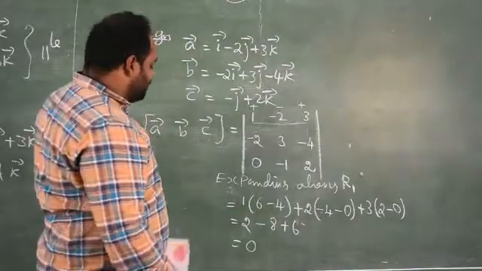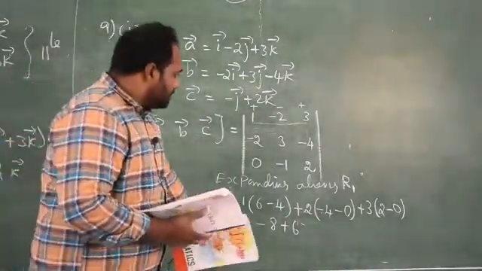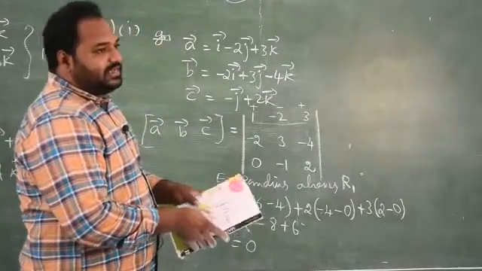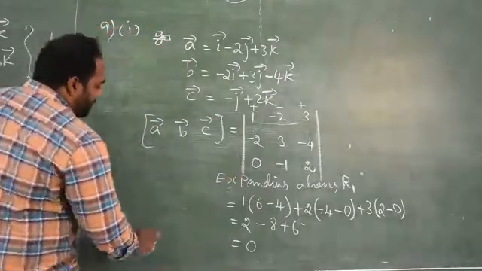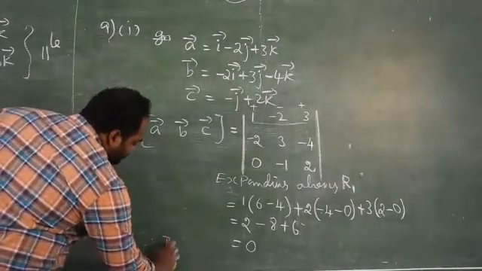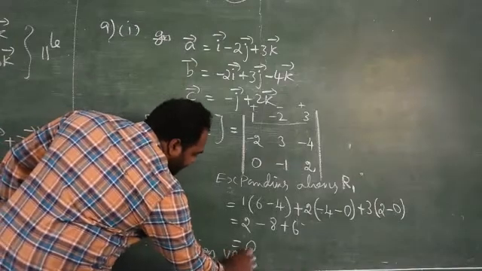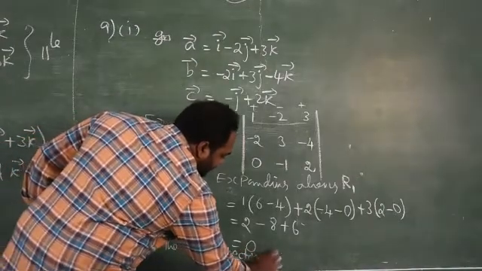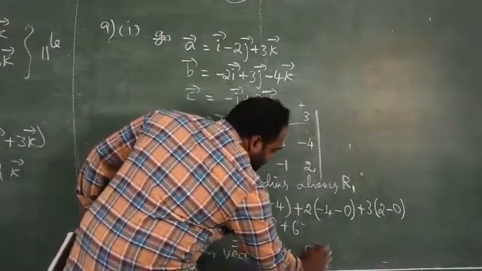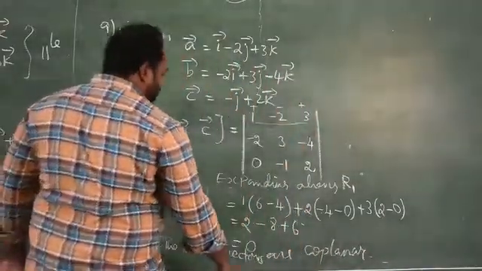So the box product, I mean the determinant value, is 0. So we can say they are coplanar. Given vectors are coplanar.